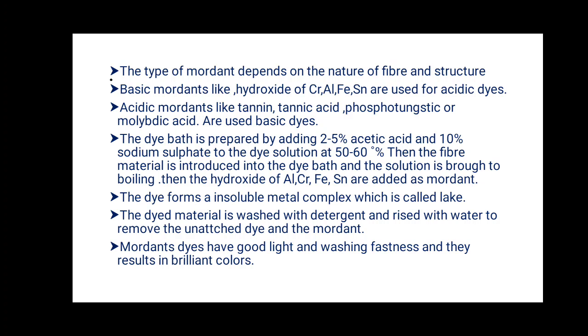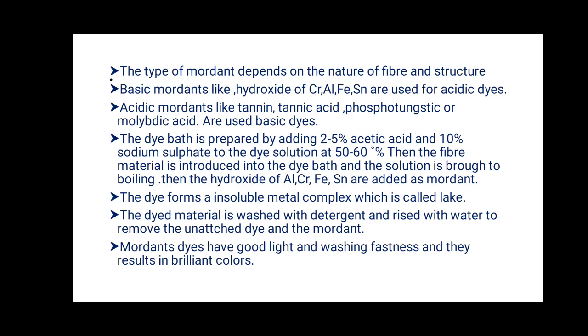Then the fiber material is introduced into the dye bath and the solution is brought to a boil. Then the hydroxide of aluminum or chromium is used as a mordant. The dye forms an insoluble metal complex which is called a lake.